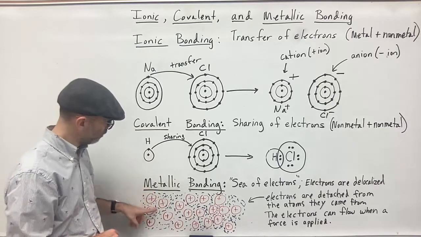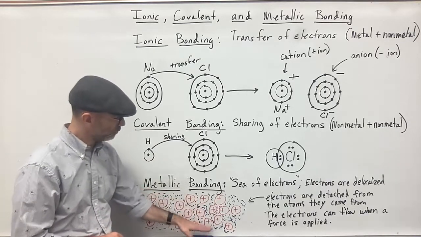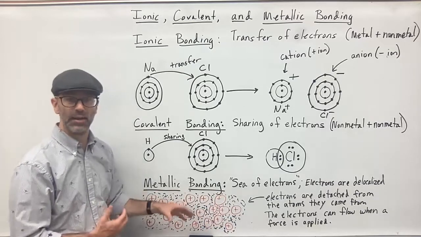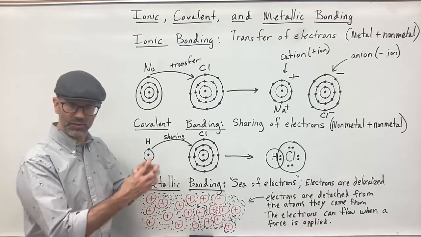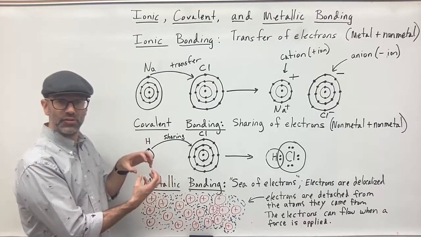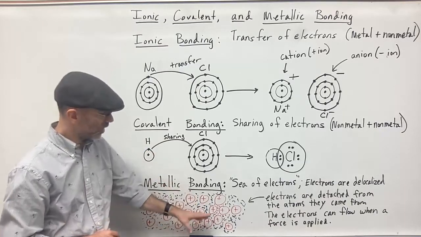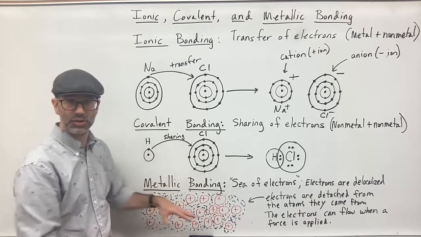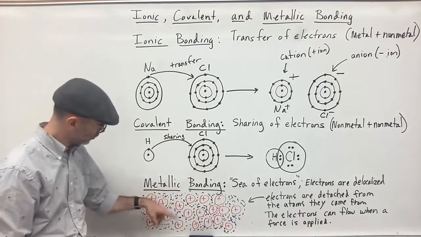The flow of electrons can easily occur through the different atoms, and the reason that's possible is because the electrons are no longer localized to one particular metal atom, but are delocalized and allowed to flow and become the electron of a different atom. So there's a flow here allowed. That's what you see here.